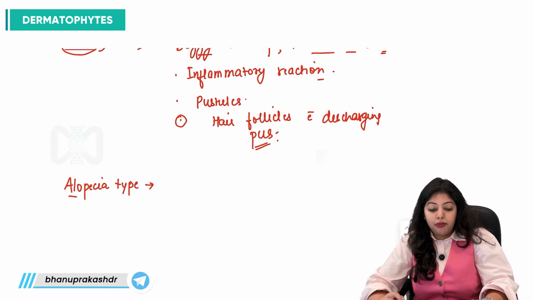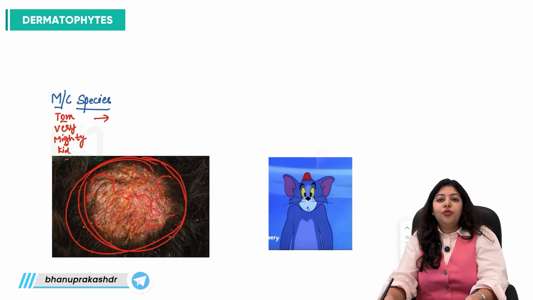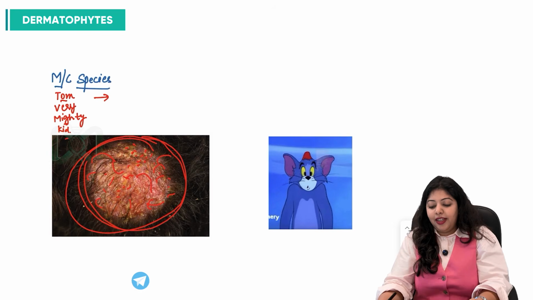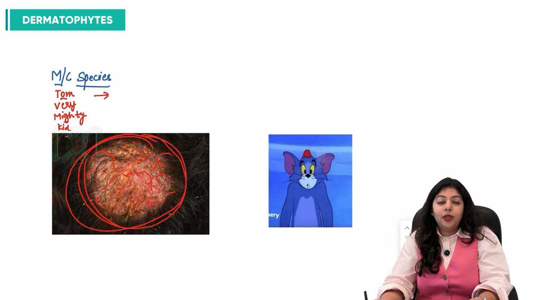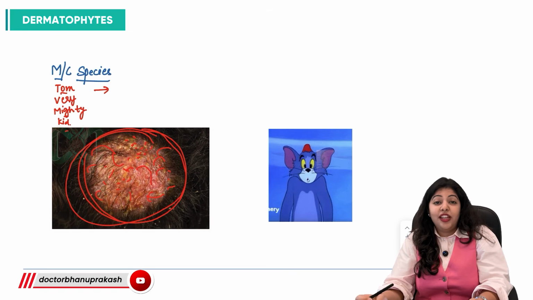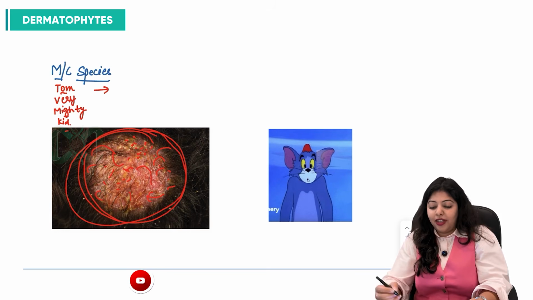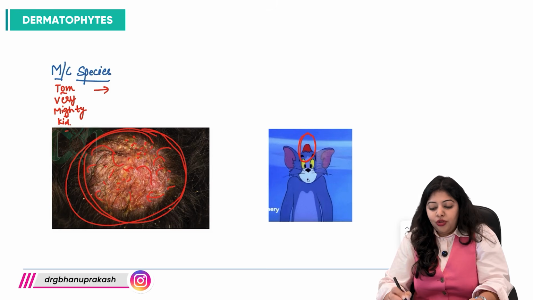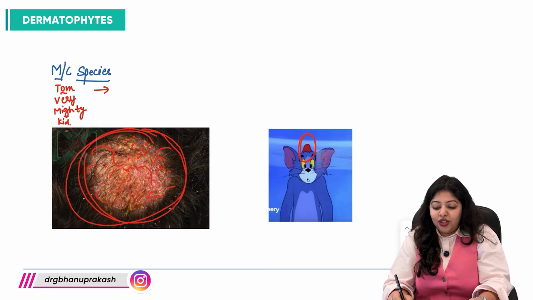Now, how do we remember Kerion? Most of you might have seen the Tom and Jerry cartoon, right? You must also remember the kind of mischief these guys used to do, and the dangerous fights these guys used to get involved in, right? And once Jerry used to hit Tom or vice versa, there used to be a small inflammatory lesion which would appear on their heads, right?